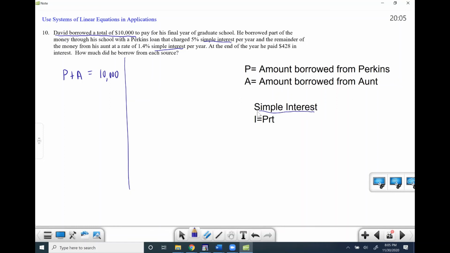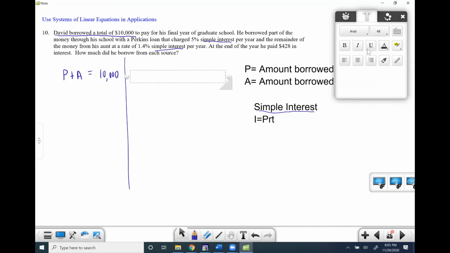All right. Now, Ahmed brought up the 428, right? That's the total interest we paid. So I don't have any equations yet, but I do have some words.